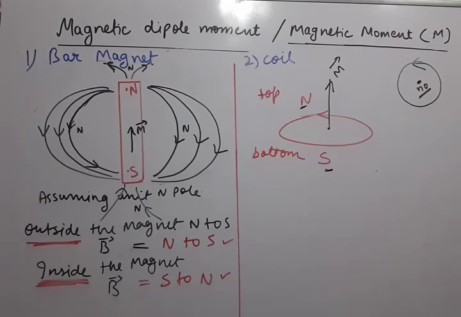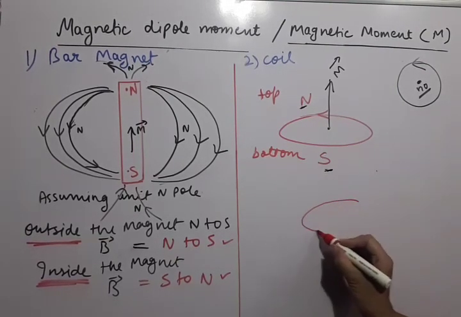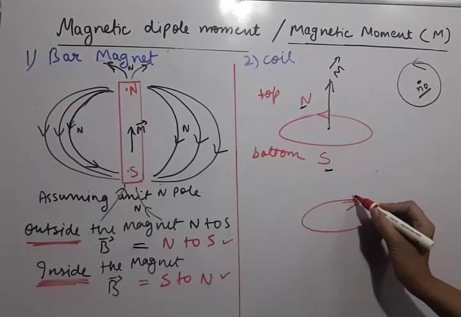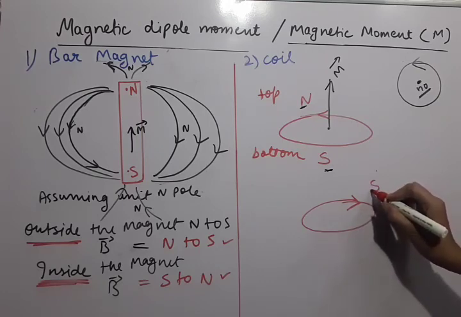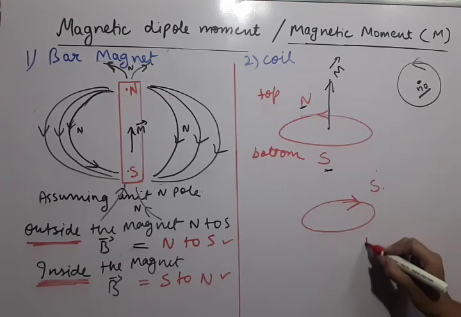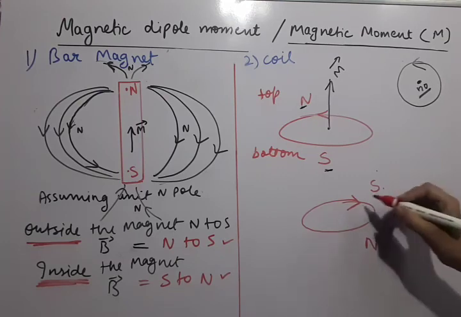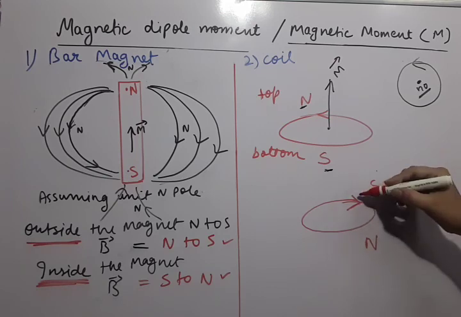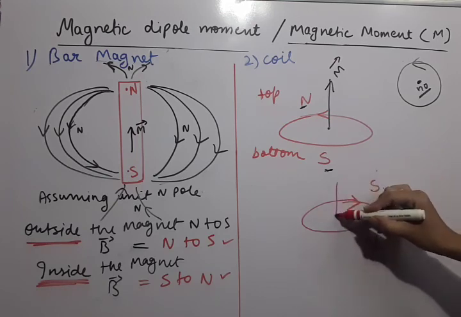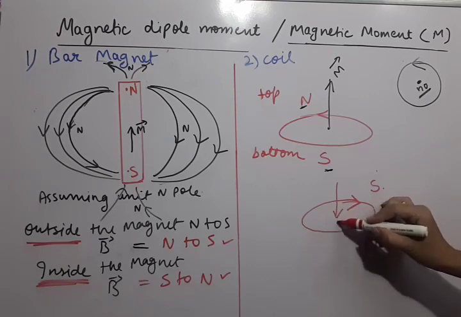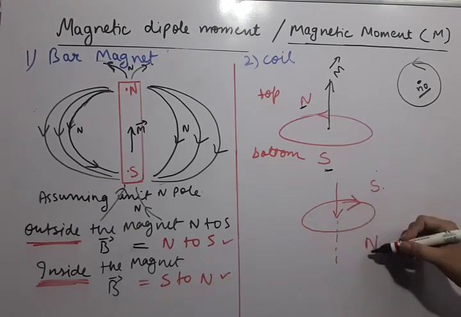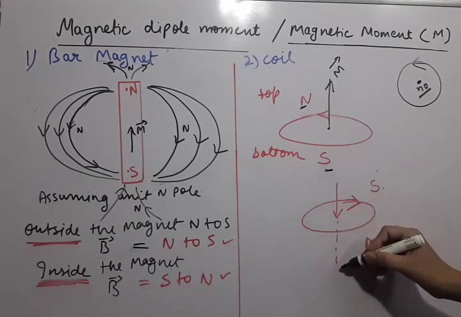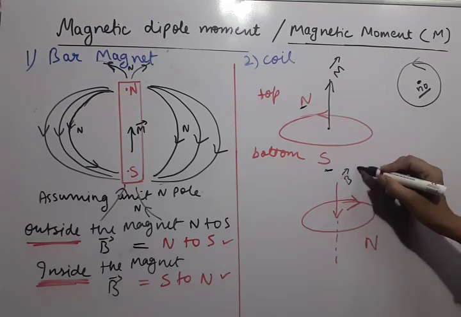And if just the reverse is there, suppose I am drawing one more coil in which the current is clockwise, so the top side will be south pole, clockwise means south pole, and the bottom side will be north pole. Now we have discussed, for clockwise current, the magnetic field is normally inwards. So it is correct that from S to N the magnetic moment is entering. Whether we say magnetic field or magnetic moment, the directions are the same only.